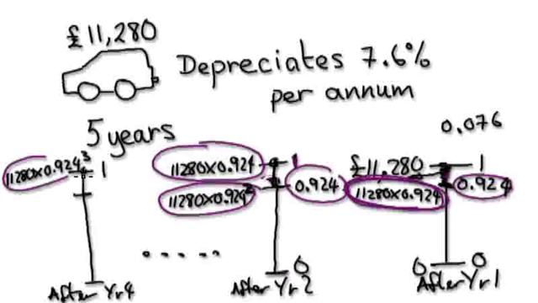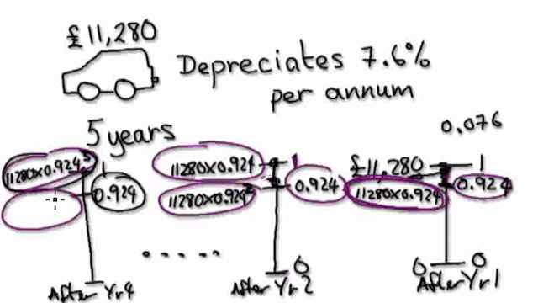At the start of year 4, it would be this amount, and then at the end of year 4, it's going to lose value. So this value here will be 0.924. At the end of year 4, it will be 11,280 times 0.924 to the power of 4. Up here is to the power of 3. Down here is to the power of 4.